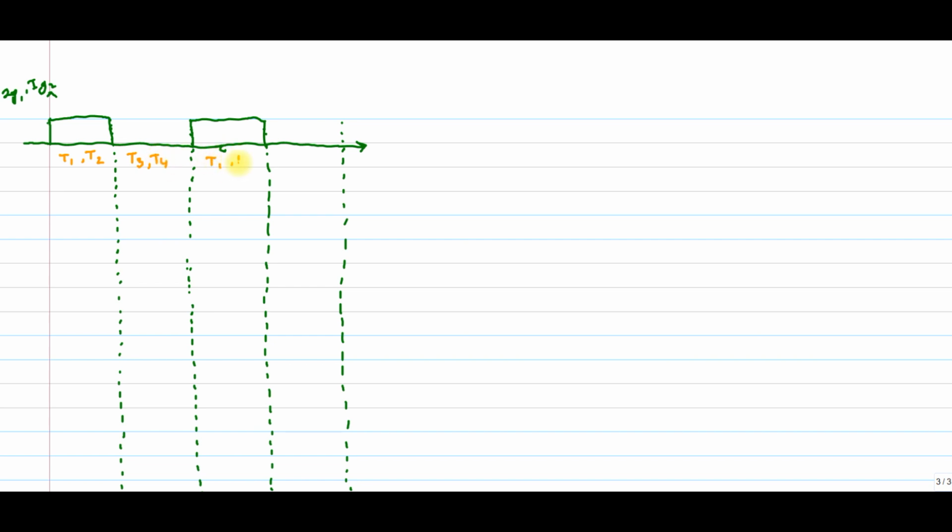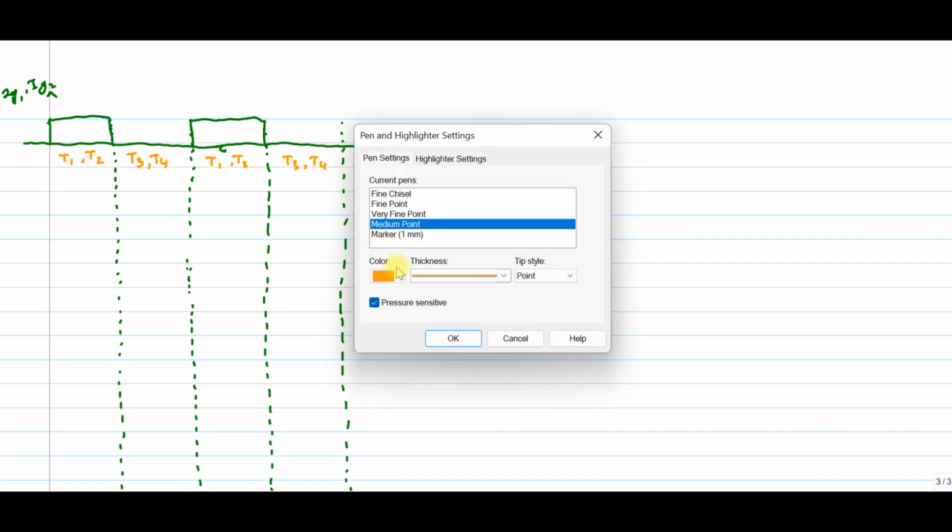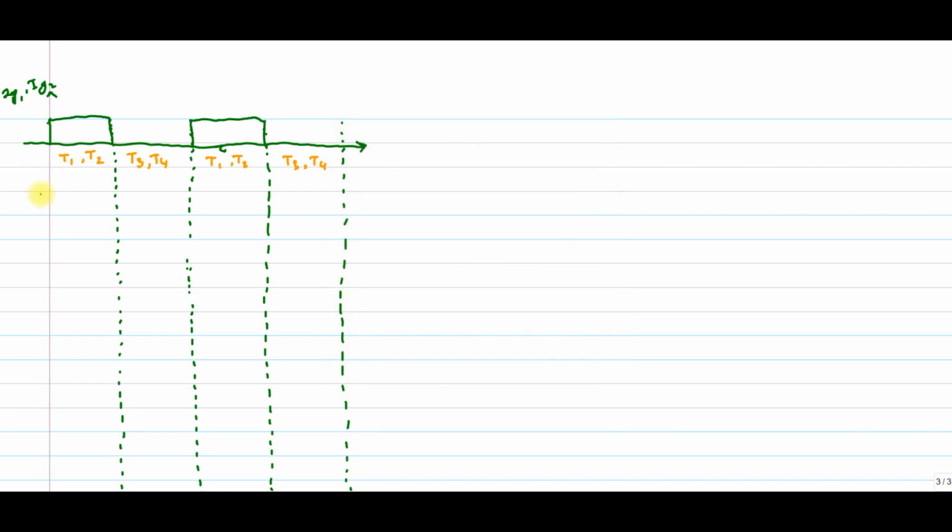So T1 and T2, again T1 and T2, and T3 and T4. Okay, this is the condition. So let me draw this line. So this line is for T3 and T4 gating pulses, IZ3 and IZ4. So gating pulse has been given like this now.